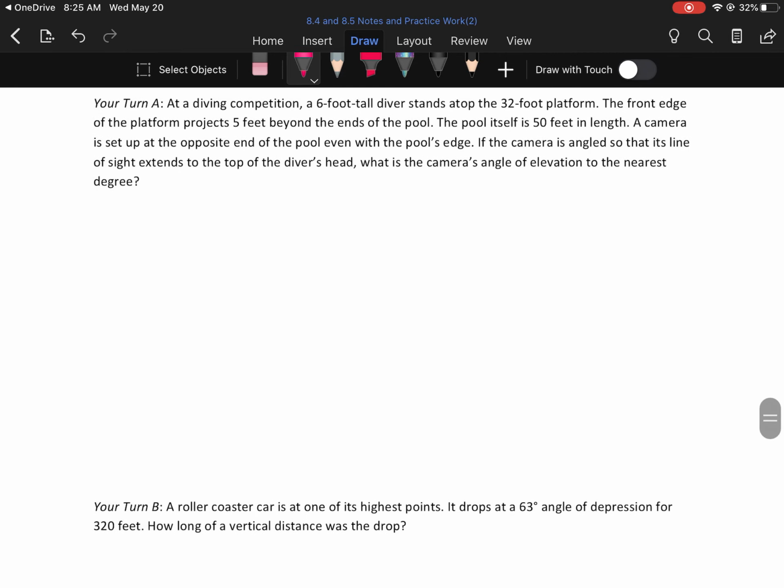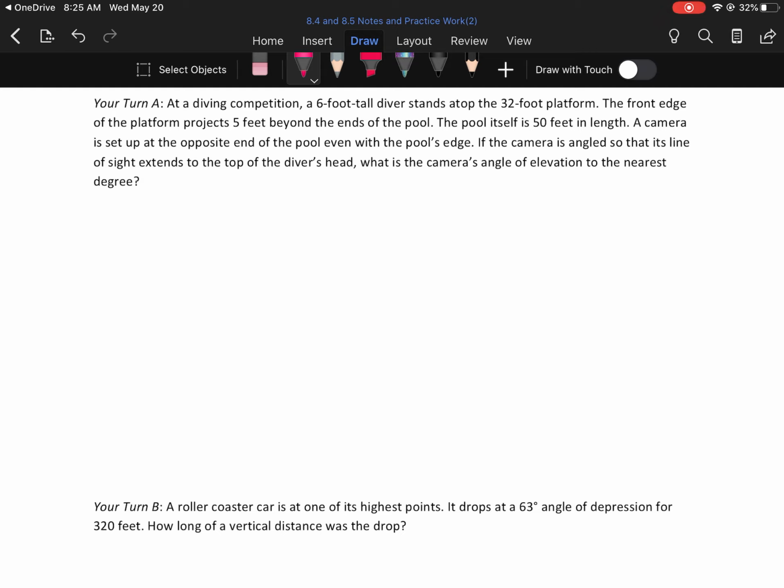All right, so this first one. Remember I said at the beginning of the year, this is sometimes the most difficult part, is drawing the picture, setting the problem up correctly before you even get a chance to do it. So it says, at a diving competition, a 6-foot-tall diver stands atop the 32-foot platform. The front edge of the platform projects 5 feet beyond the ends of the pool.